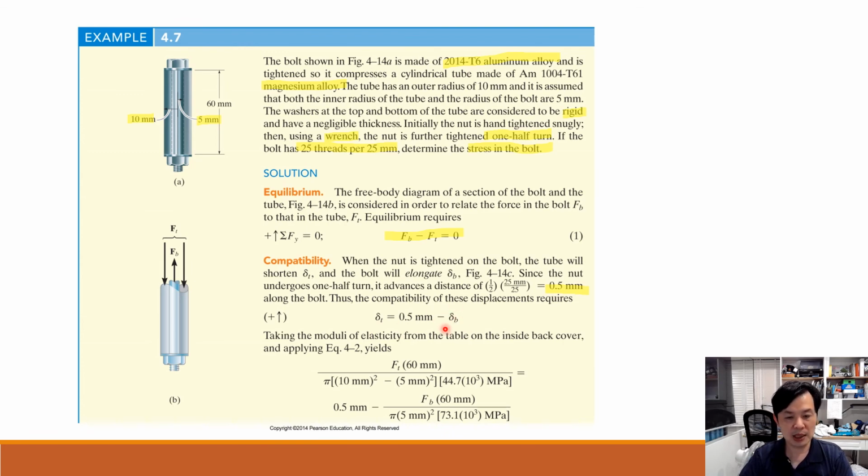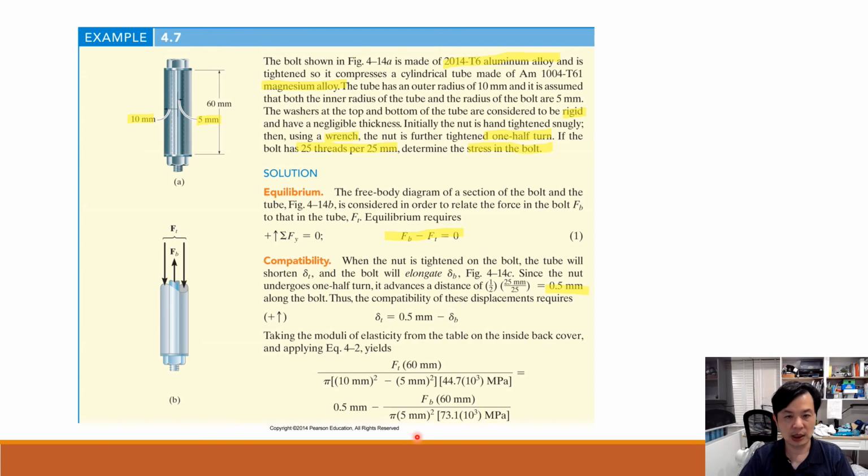Then, based on the knowledge we learned about displacement and load for axially loaded conditions, we use the formula for delta T: the area of the tube, the material property, Young's modulus of the tube, which is magnesium, the force, and the length, 60 millimeter. The other part for the bolt itself would be like this one.